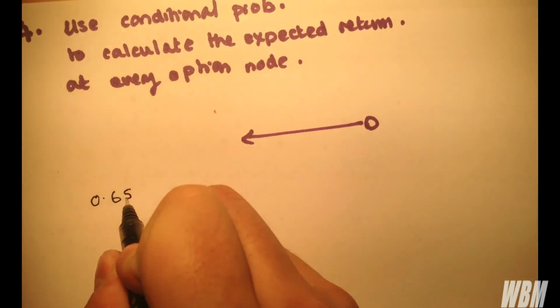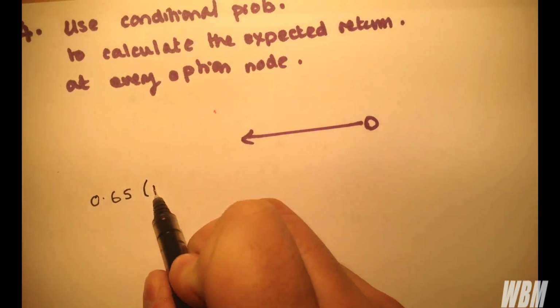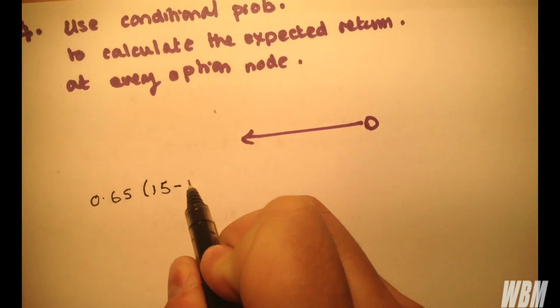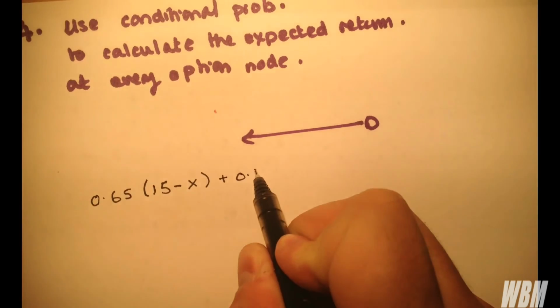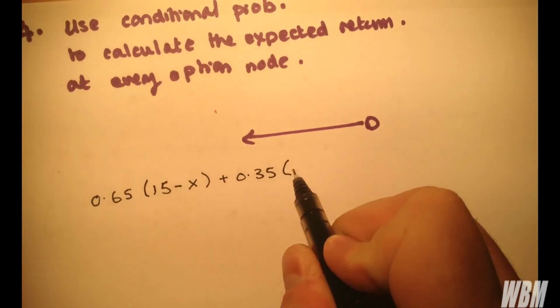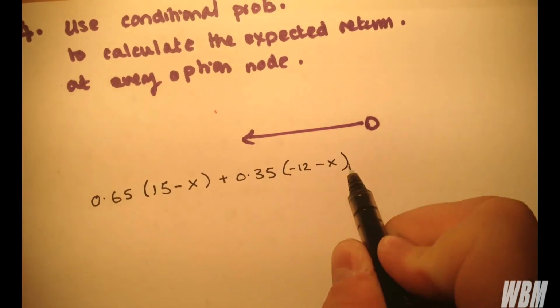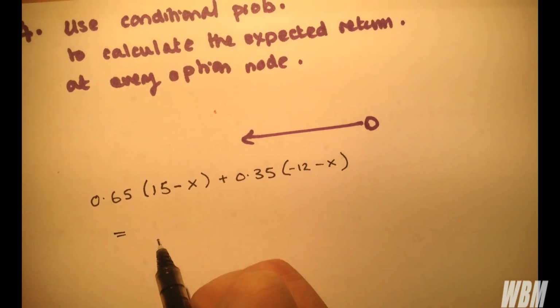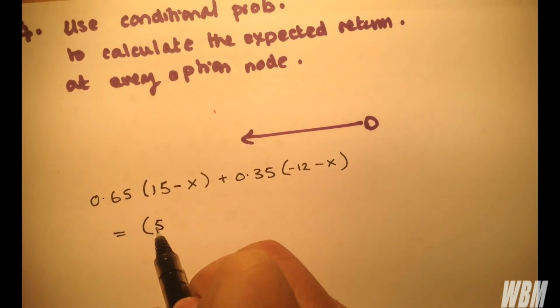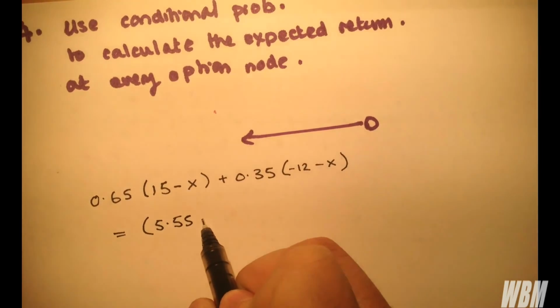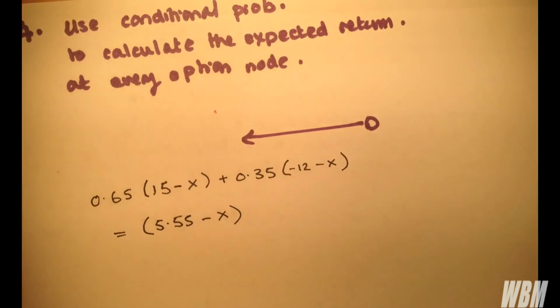We have 0.65 times 15 minus x plus 0.35 lots of minus 12 minus x, and that's equal to, after a bit of calculation, 5.55 minus x.